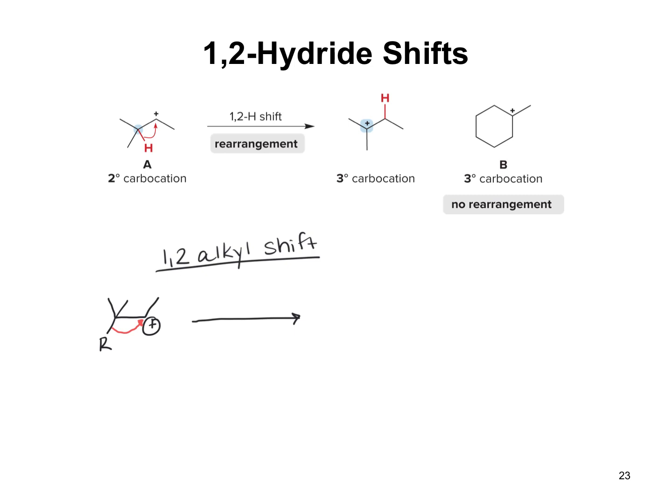When that alkyl group shifts over, again, we went from a secondary carbocation here to a tertiary carbocation here. So this is a 1,2 alkyl shift when an R group moves. This is a 1,2 hydride shift when a hydride moves. So when we talk about this, and I've already mentioned this, but why does this happen?